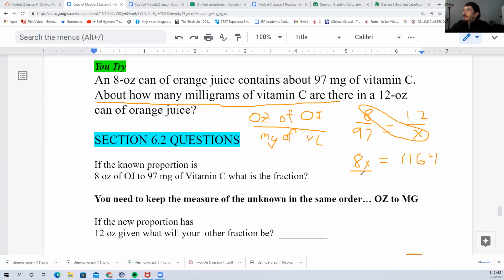I'm going to divide both sides by 8. And 1x is equal to 145.5.